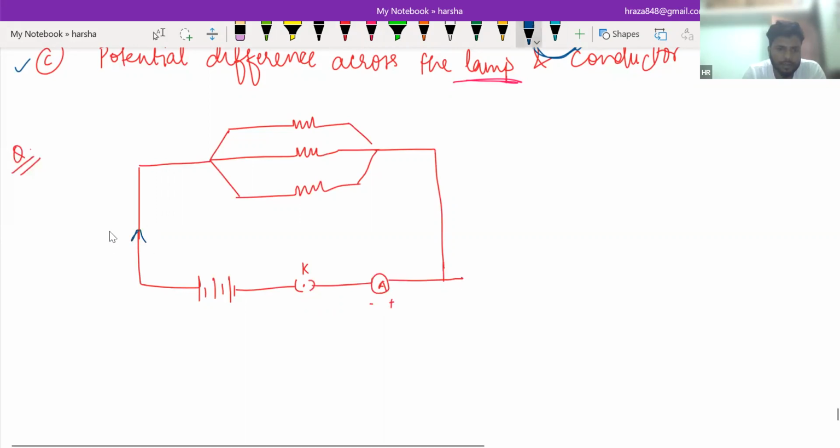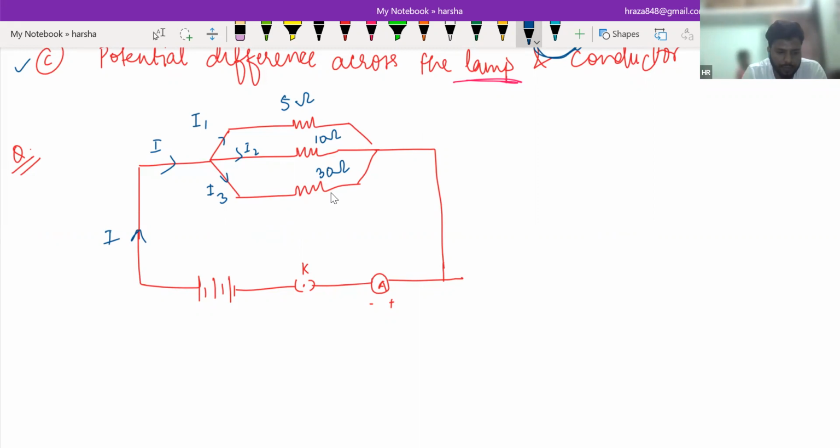You can see current I is going, and it will be divided into three parts: I1, I2, and I3. And also R1 is given as 5 ohm. This is 10 ohm, and this is 30 ohm, which have been connected to a 12-volt battery. This is 12-volt. Battery is 12-volt.